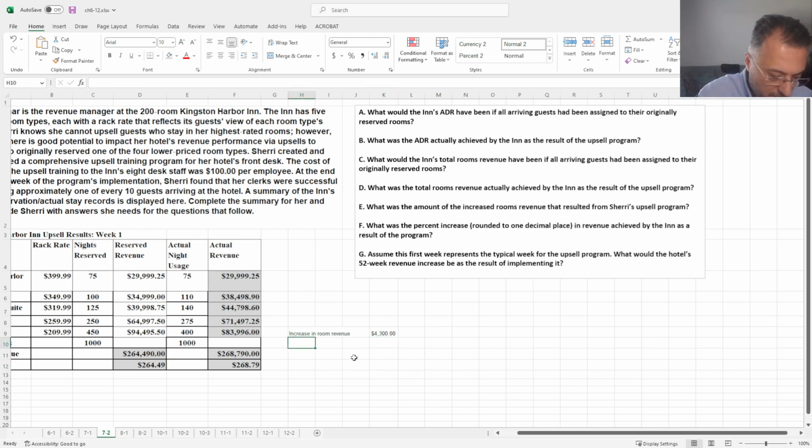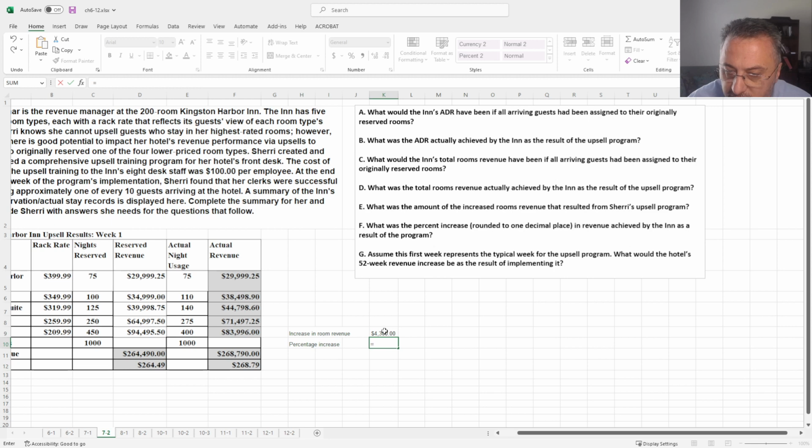Let's put it this way, percentage. If you look at this, there is the increase. Increase from where? From this number. So let's make this a percentage. Format cells, percentages. So it's about 1.63%.